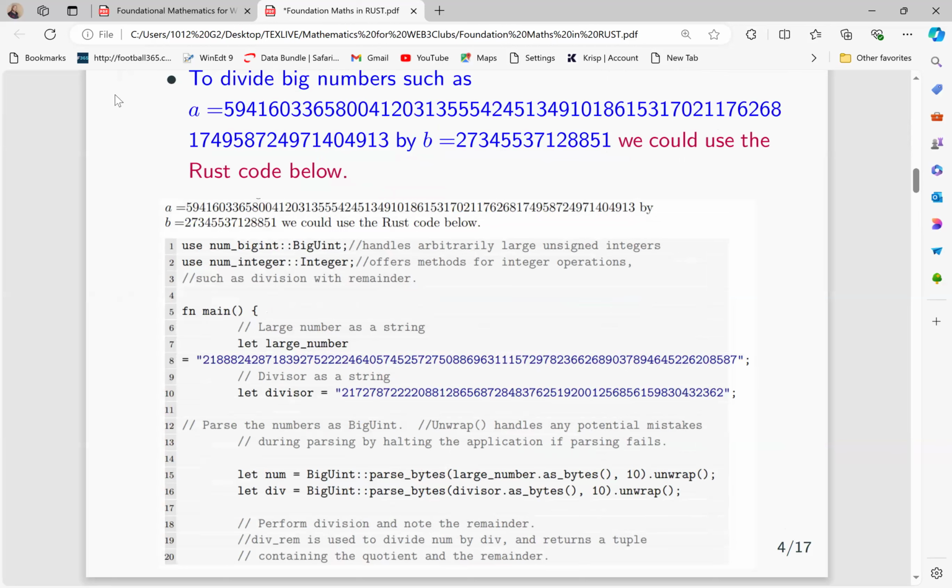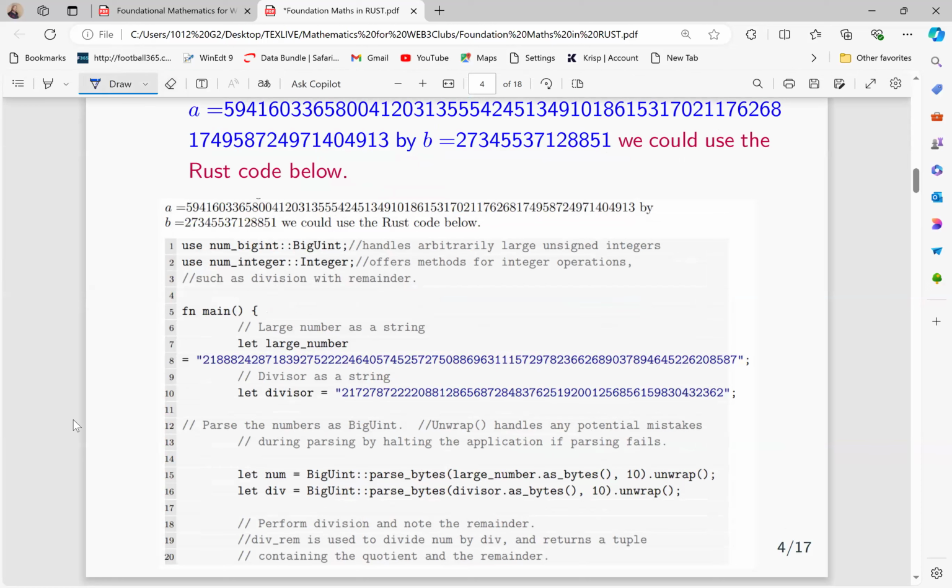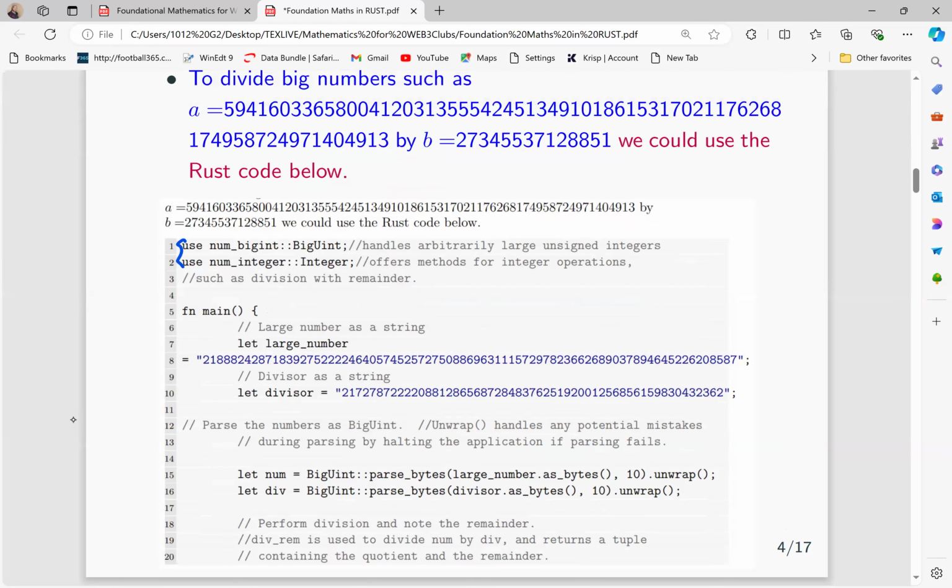It's okay. So the libraries for this Rust code, my libraries are here, these two. The first one helps us handle larger integers. And the second one offers methods that we shall be using for integer operations. What you are seeing in bold, dark, that is the code. And what I've made faint are just notes that will assist you to understand what is happening.